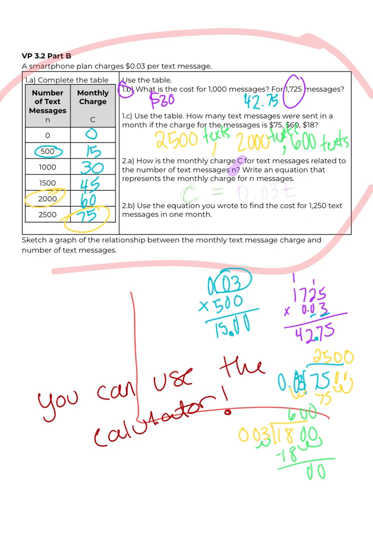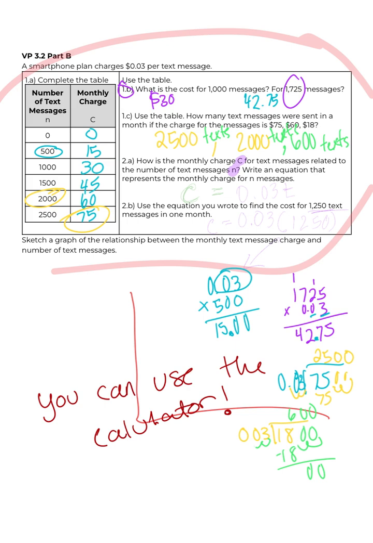So there's your equation. Now, if we use the equation to find the cost of 1,250 texts, that means we're saying C equals 0.03 times, and I'm using parentheses, 1,250. And again, we can do that math the way we did it down here.